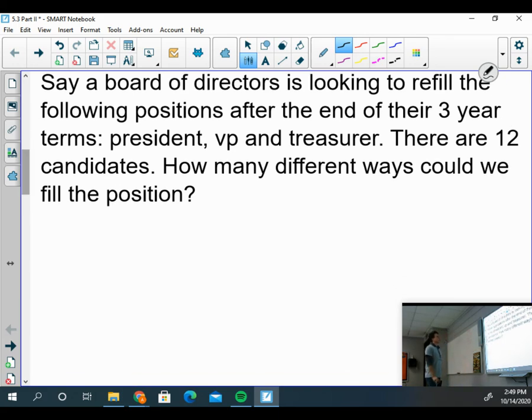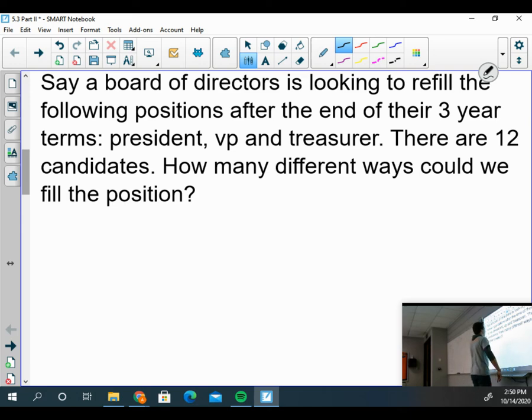Say a board of directors is looking to refill the following positions after the end of their 3-year terms: president, vice president, and treasurer. There are 12 candidates. How many different ways could we fill the positions? Well, the first question you're going to learn to ask yourself with these problems is, does order matter? In this case, yes, order matters.